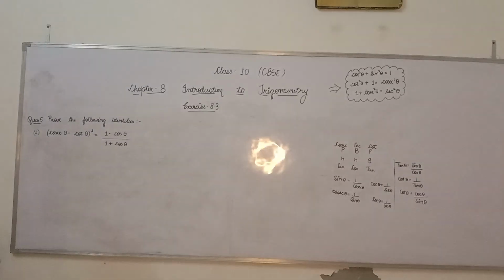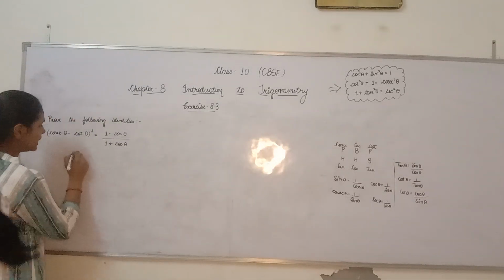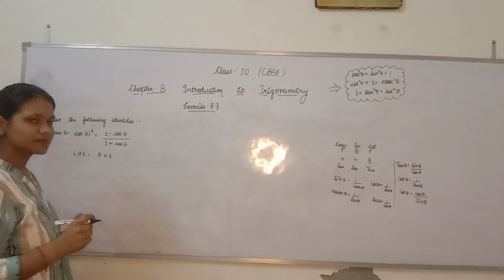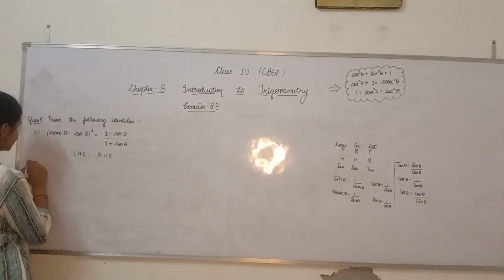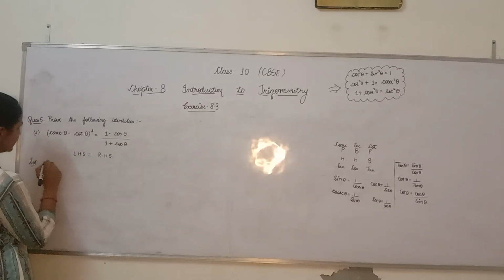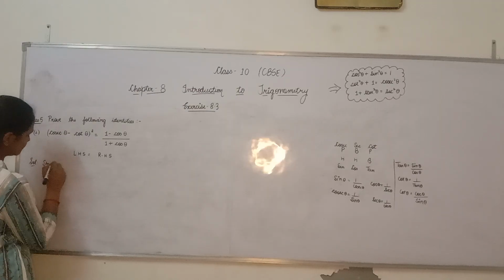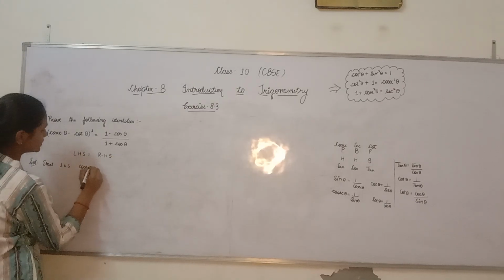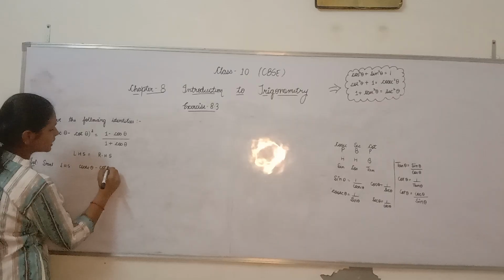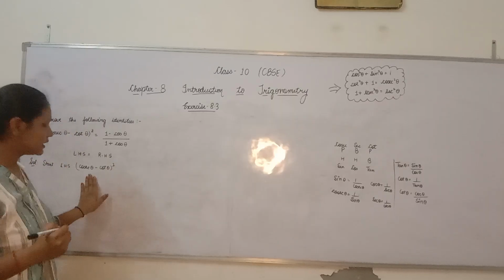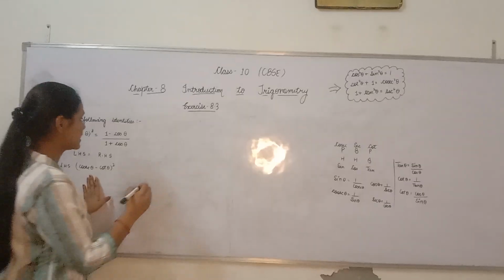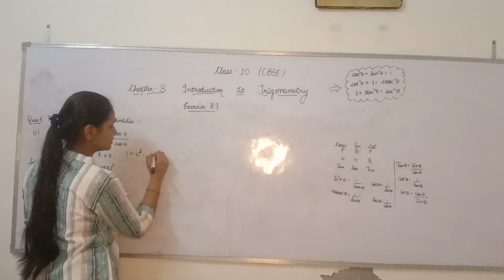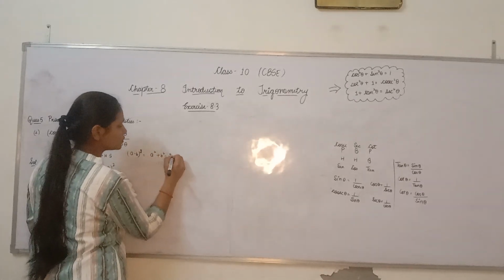In this question we have to prove left hand side is equal to right hand side. So first of all we will start with the left hand side of the equation, which is given to be cosecant theta minus cot theta whole square. Here the identity should be used, that is a minus b whole square is a square plus b square minus 2ab.